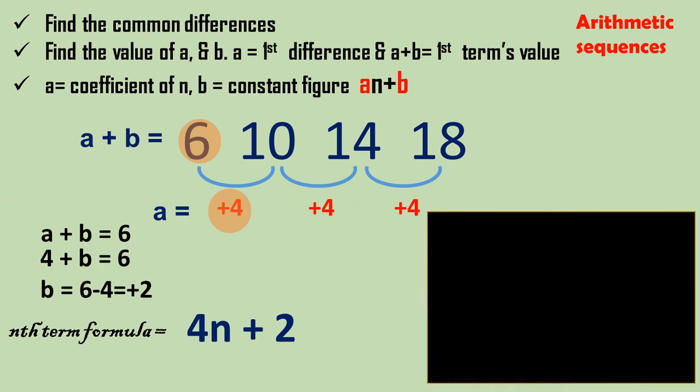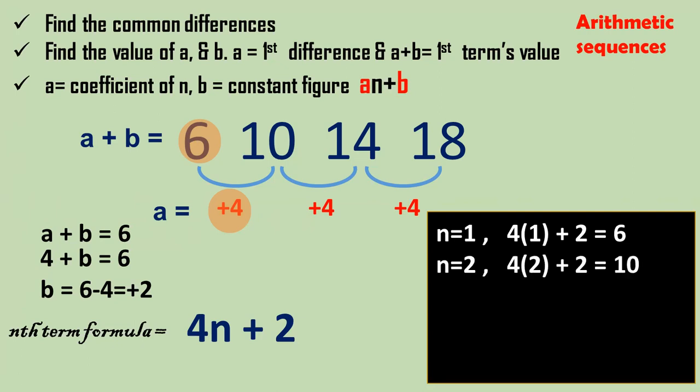We can check this nth term formula by substituting the value of the term. For example, n is equal to 1 will produce 6. That's the term 1 value. In the same way, n is equal to 2 produces 10, so this is the second value.